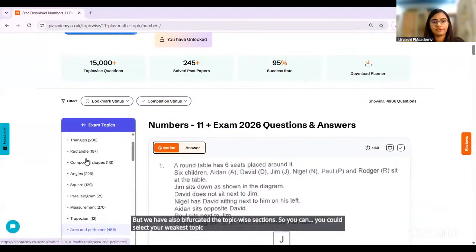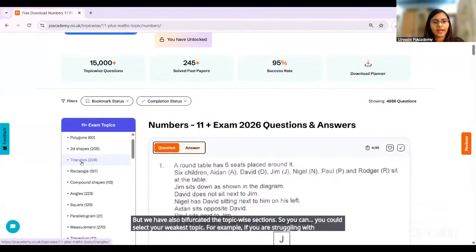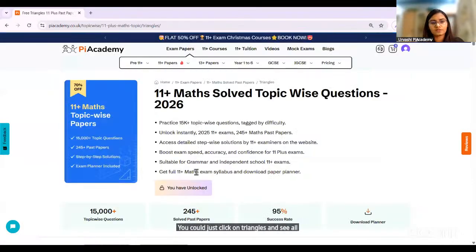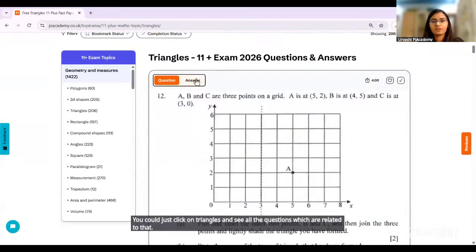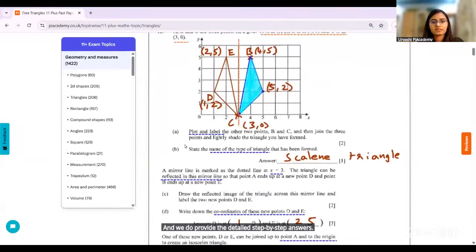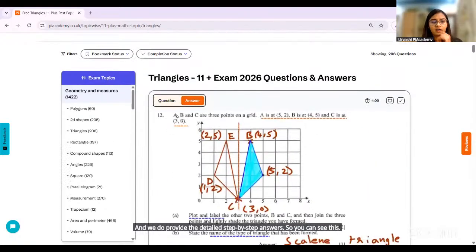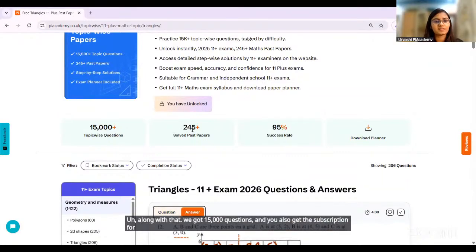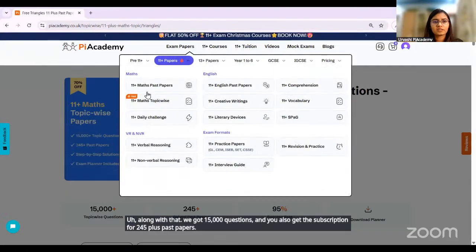For example, if you are struggling with triangles, you can just click on triangles and see all the questions related to that, and we provide detailed step by step answers. Along with that, we have 15,000 questions, and you also get the subscription for 245 plus past papers, which is this product.